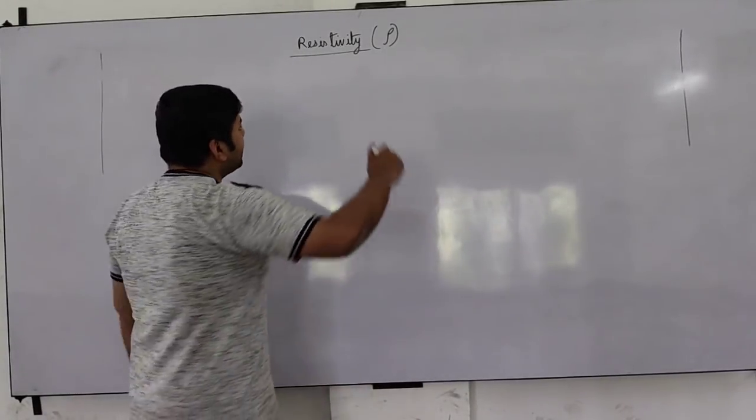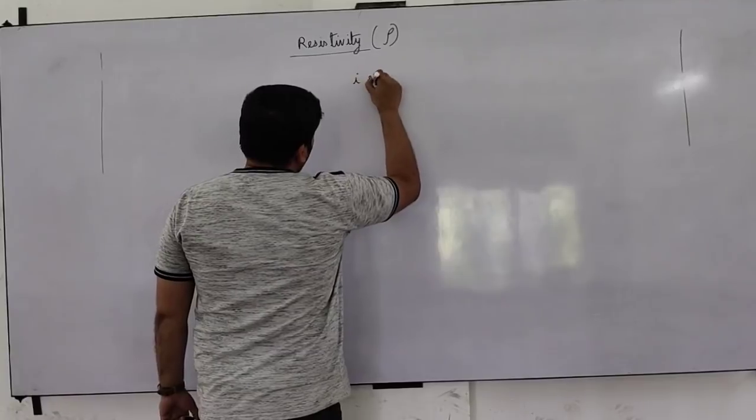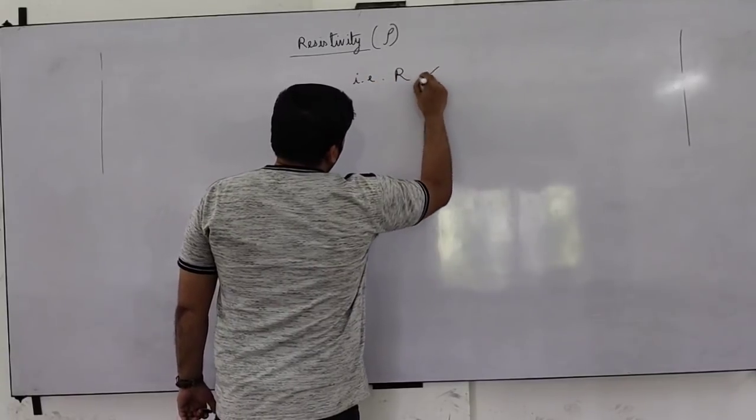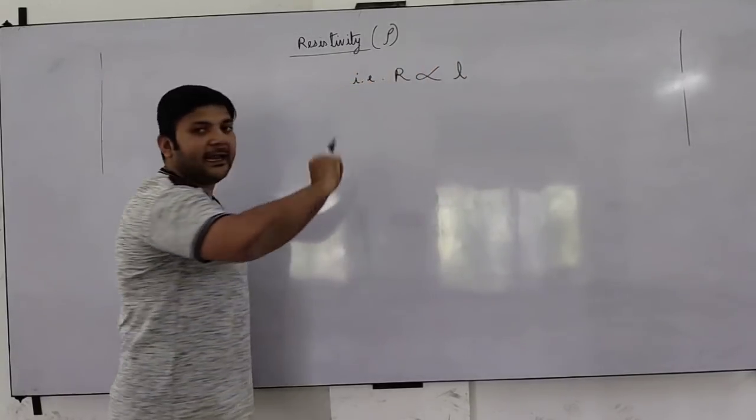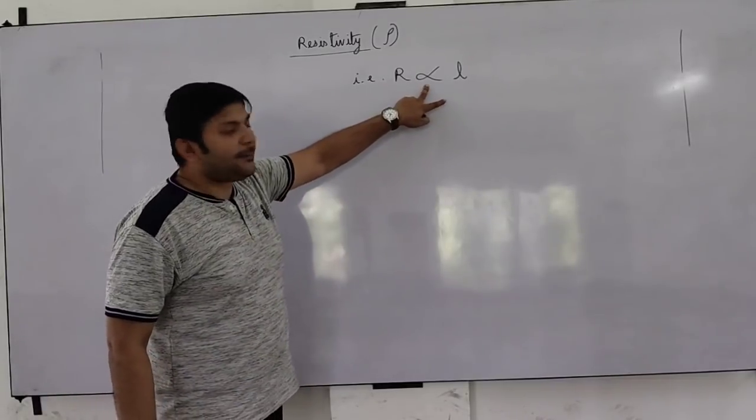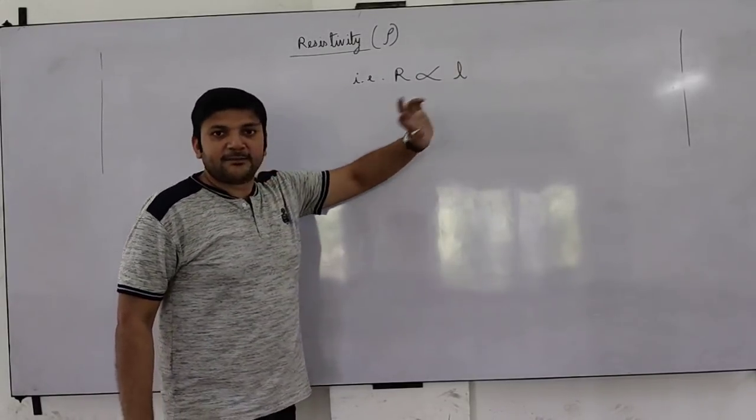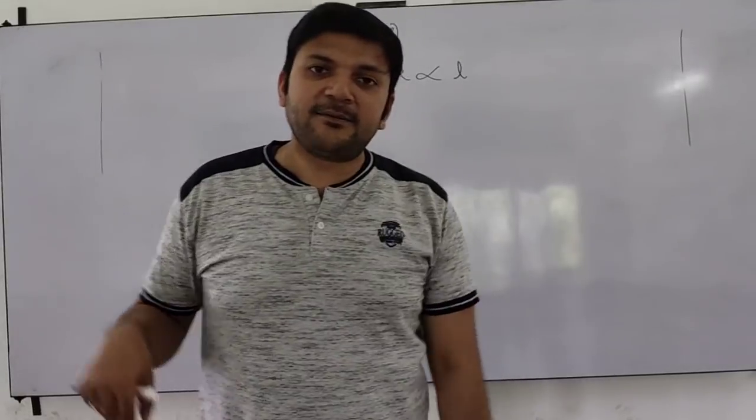Okay, that is R proportional to L. Resistance is directly proportional to the length. Meaning length is L, resistance is R.